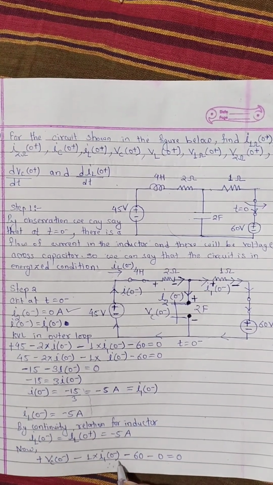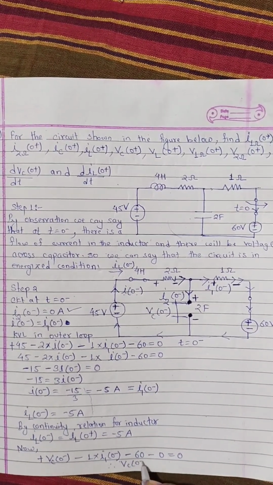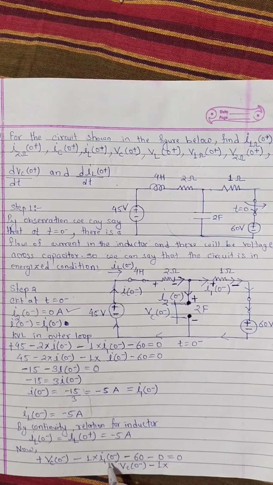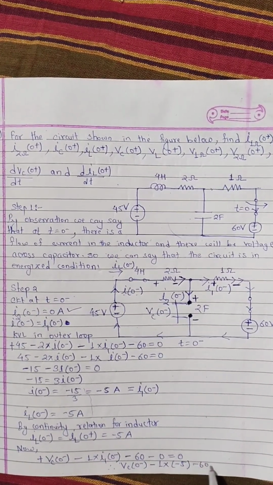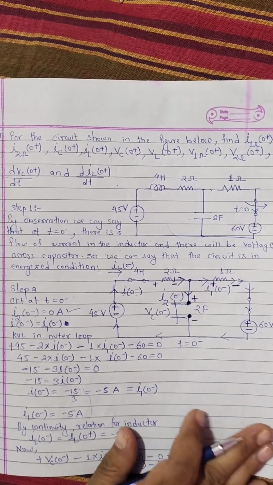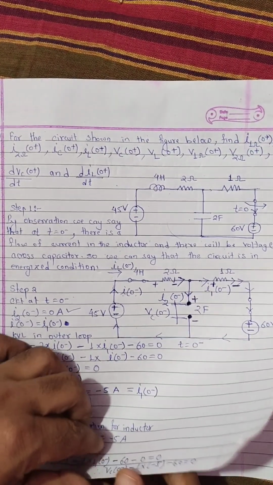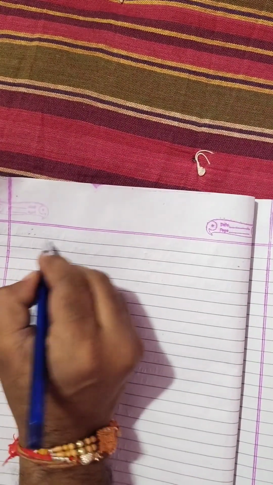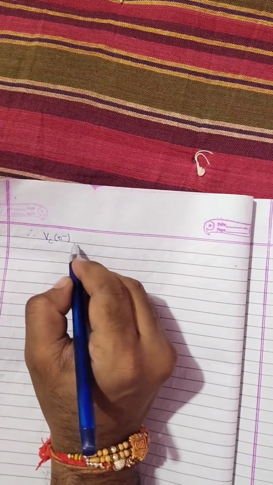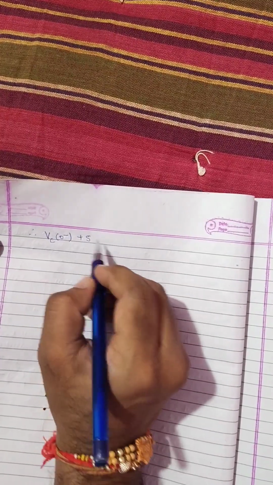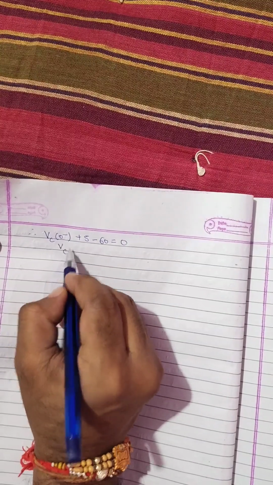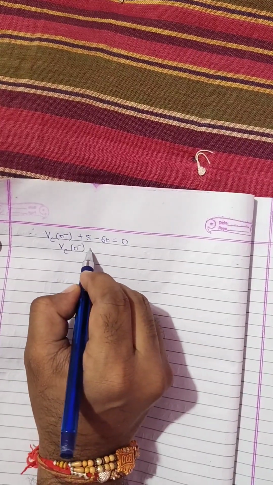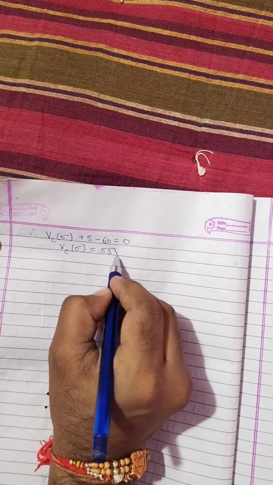So we can say VC0 minus, minus 1 into I10 minus, which is minus 5 ampere, minus 60 equals 0. Therefore VC0 minus plus 5 volt minus 60 equals 0, or VC0 minus equals 55 volt.